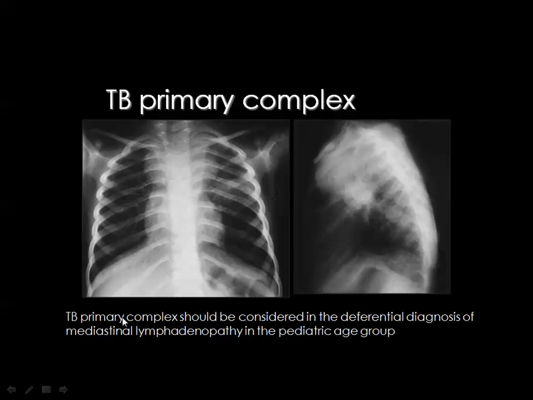TB primary complex should be considered in the differential diagnosis of mediastinal lymphadenopathy in the pediatric age group. That is to say, if you see a pediatric chest and you can see that there are mediastinal lymph nodes, mediastinal lobulated masses in anatomic sites of lymph nodes, then one of the differential diagnoses should be a TB primary complex.